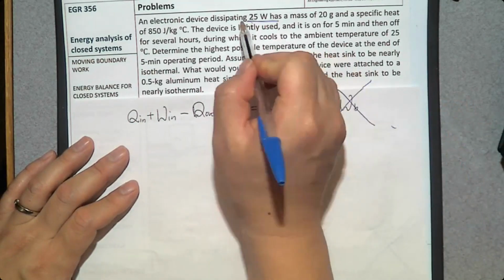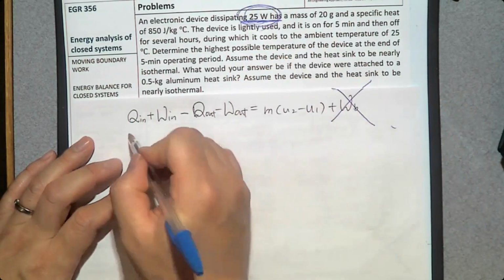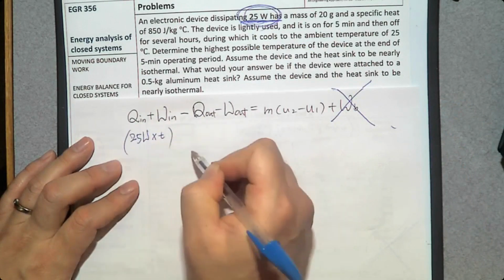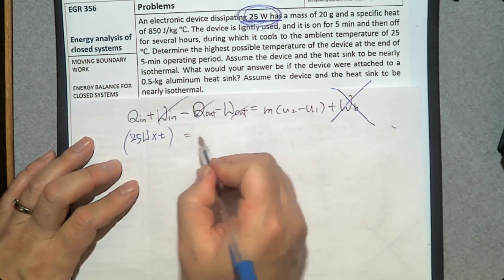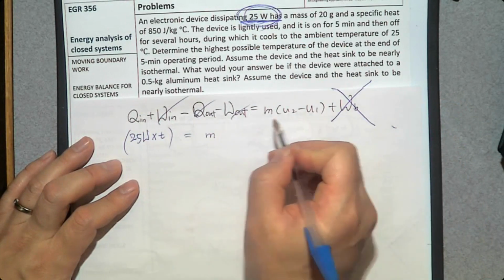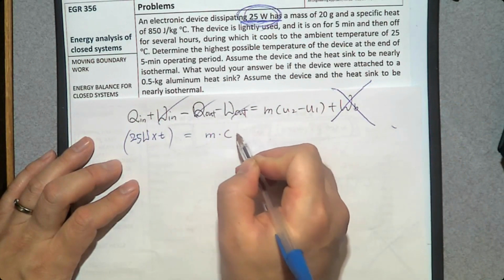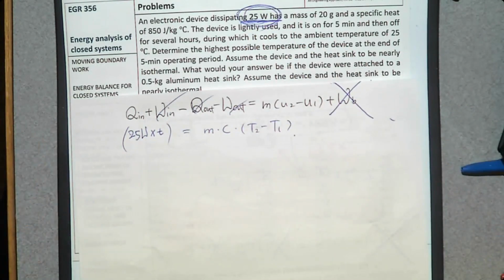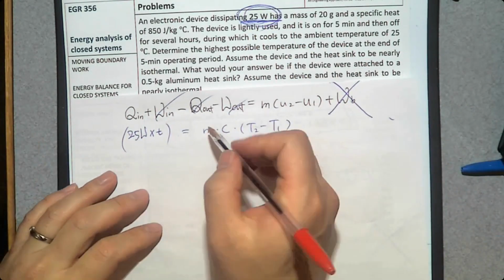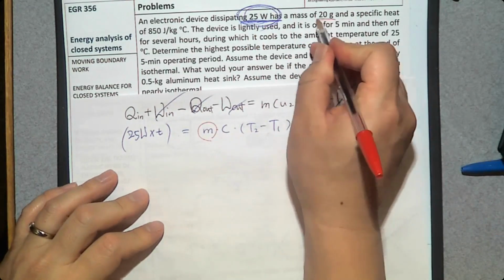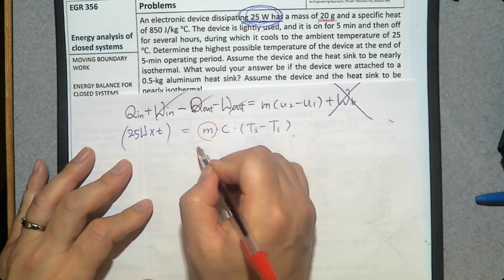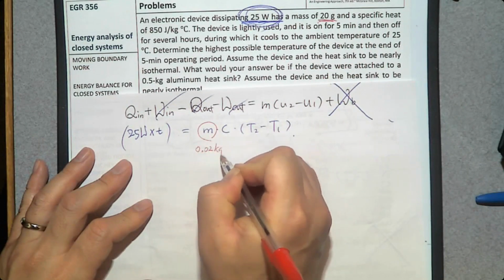And the amount of heat transfer is going to be 25 watts times time T. And there's nothing else. It's going to be mass times U2 minus U1, which can be Cp times T2 minus T1. The mass of the system is going to be 20 grams. 1,000 grams is 1 kilogram, so it's going to be 0.02 kilograms.